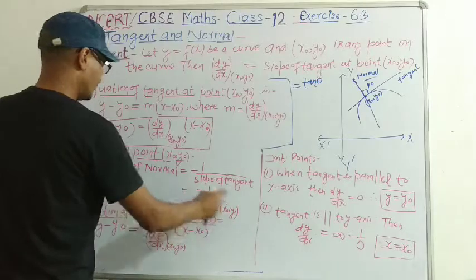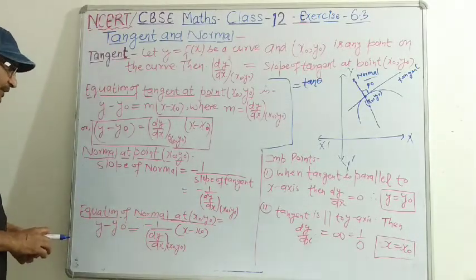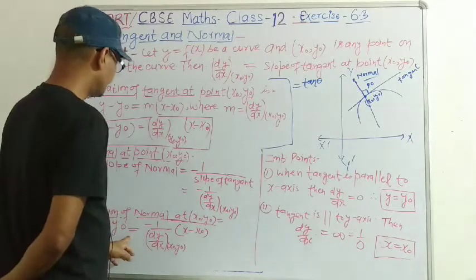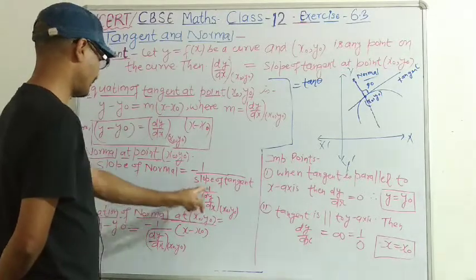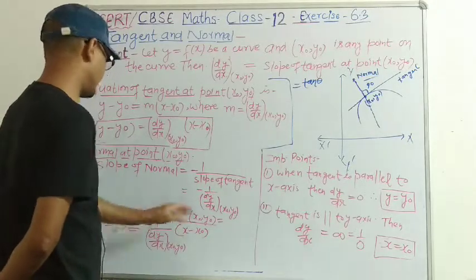And next, the equation of the normal at (x0, y0): y minus y0 equal to, in the place of dy by dx, because it was the slope of the normal, minus 1 by dy by dx at the point (x0, y0) into x minus x0. So it is the equation of the normal.